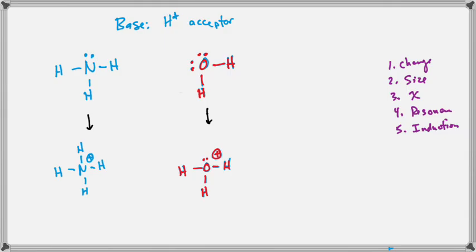So let's take a step away from that H plus acceptor. How did it accept H plus? It was an electron donor. And in particular, it was an electron donor to a hydrogen. That hydrogen's coming from the acid. Which means if I'm now looking at base strength and trying to rank them, I don't want to look at the conjugate acid because the conjugate acid doesn't have the electrons.